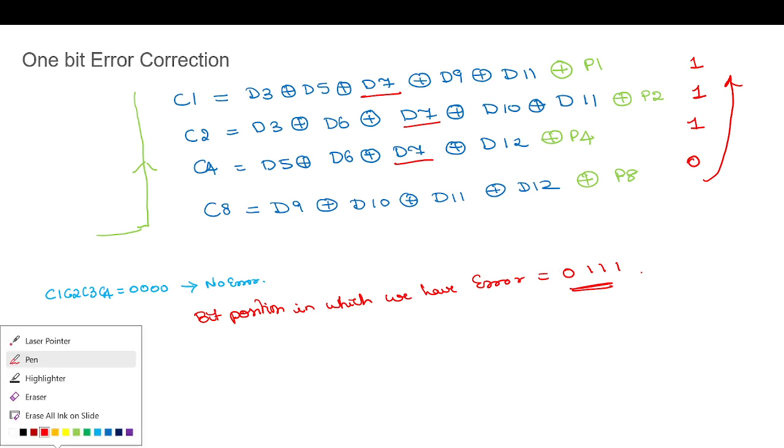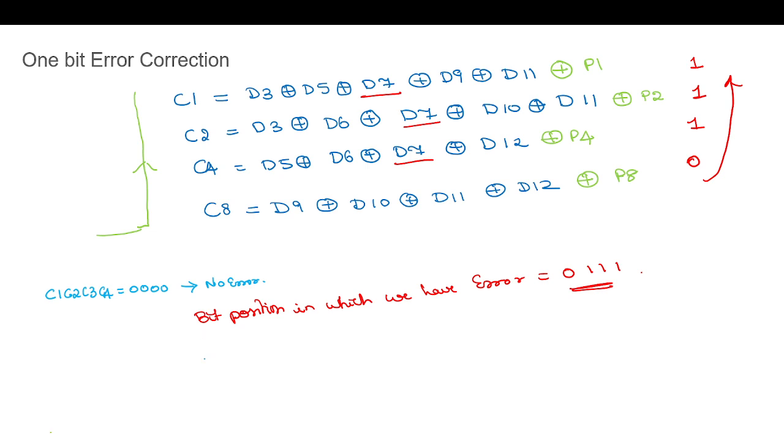So even the parity bit can have the error. So if, for example, say C8, C4, C2, C1. This is how we will write it. If it is having like 1 0 0 0, then this indicates 8th bit position, which is a parity bit position.